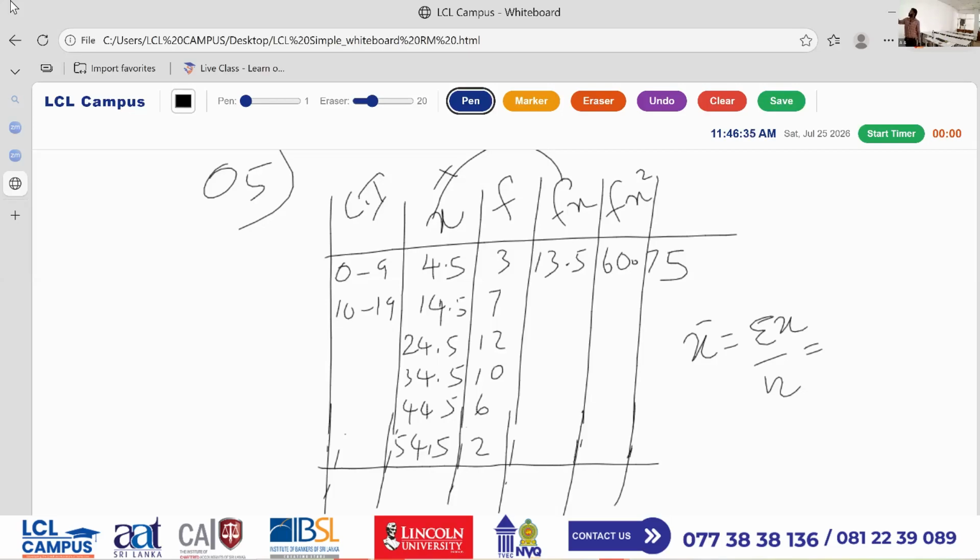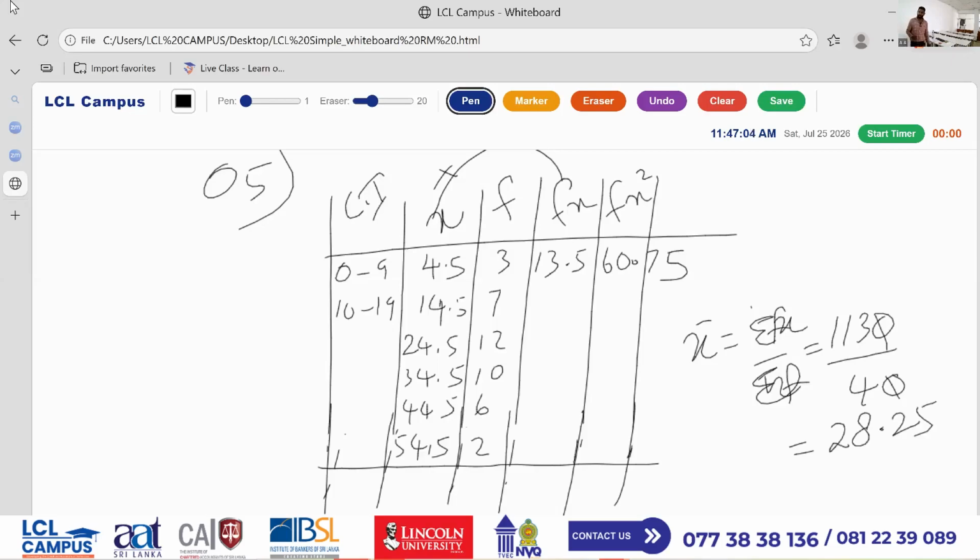So sigma fx, sorry, sigma fx over sigma f. 1130 points over 40. What is the answer then? 20. We'll see.